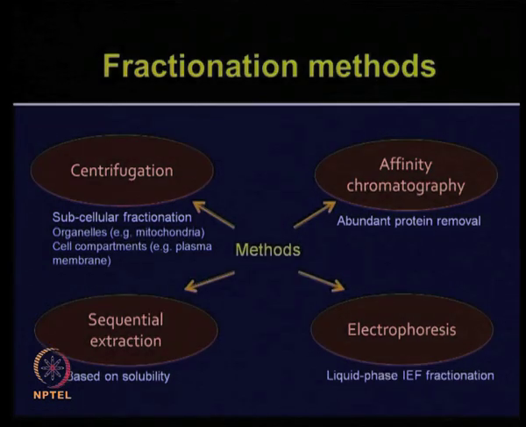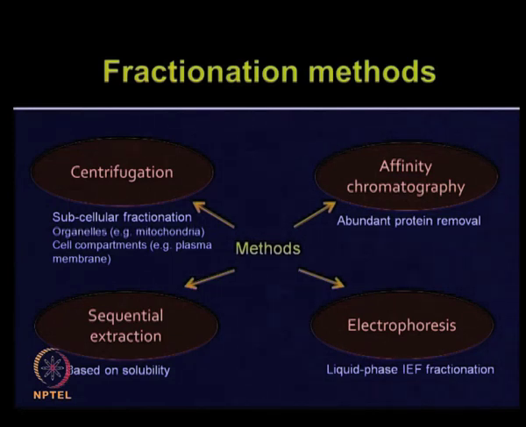If you are interested in looking at all the serum proteins, but certain proteins, such as serum albumin, are highly abundant in the serum, then by using affinity chromatography one can remove those highly abundant proteins, so that all the proteins in that given mixture can be well resolved. Affinity chromatography can be used for fractionation in different contexts.